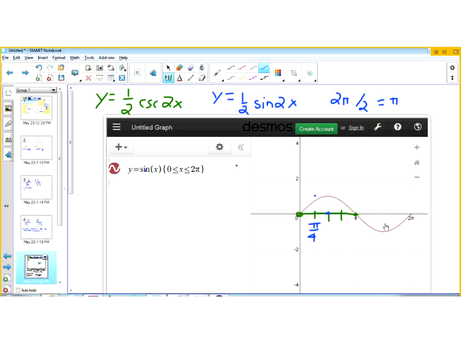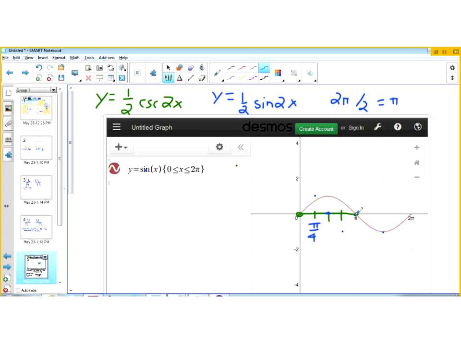You have to retain that identity, so to speak. Now, 3/4 of the way through the interval of one period of sine x, the output is -1. So 3/4 of the way through the interval of one period of sine 2x, the output would have to be -1.